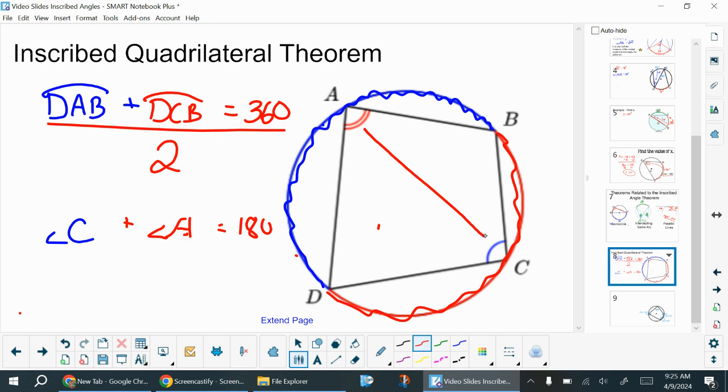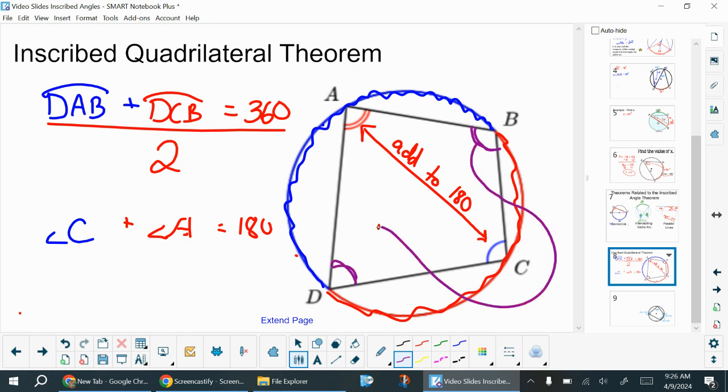And so in your notes, what I would do is draw this picture. Don't put all the reasoning there, but just put in your picture, add to 180. The opposite angles add to 180. And that is also true for this angle and this angle, right? Make sure you show that it's not all three that add to 180, but it's each opposite pair that adds to 180.